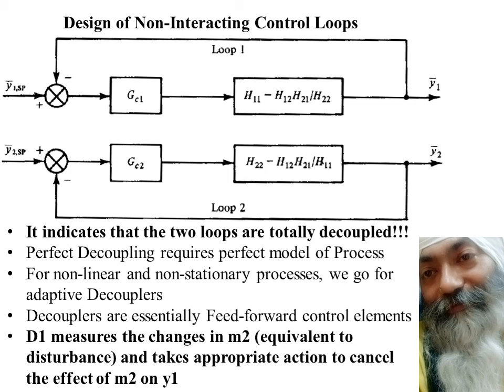Just the way some of the decouplers are not physically realizable, in the same manner some of the feed forward control elements are also not physically realizable. Let us see what is the meaning of physical realizability.